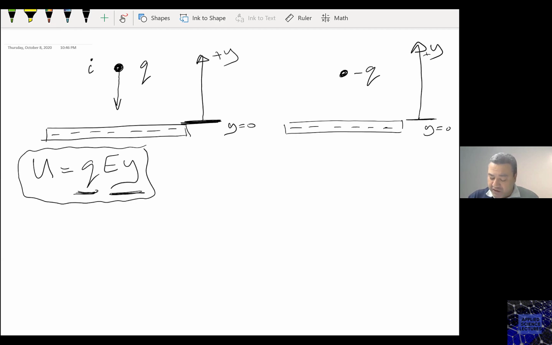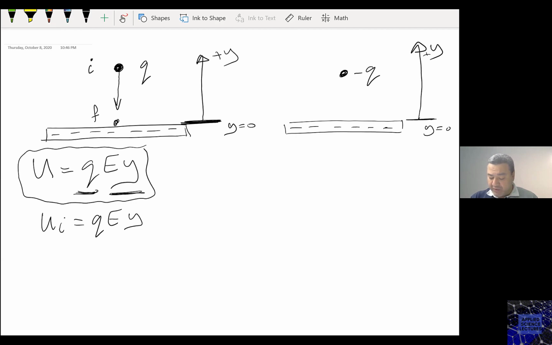So in this case, if this is my initial, let's assume that this is going to be my final destination right before it hits. So in this case, if I am to write the UI, then UI equals QEY, this is positive, and Y is also positive.